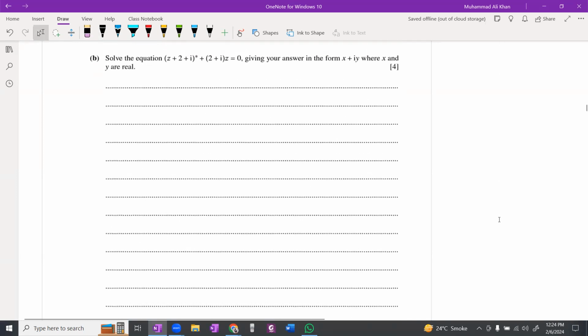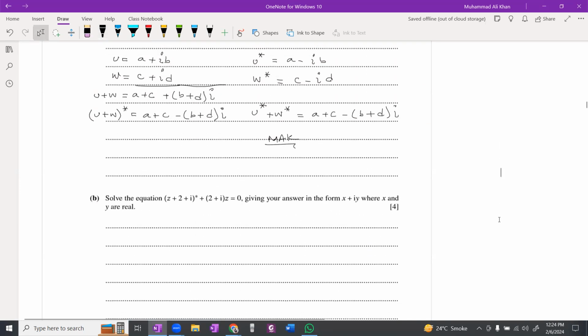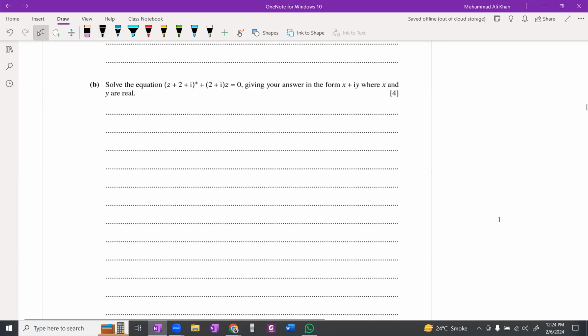Now, in the B part, solve the equation. We have to solve this equation z plus 2 plus iota conjugate plus 2 plus iota z equals to 0. Give your answer in the form of x plus iota y, where x and y are real. So now, let z equal x plus iota y, a general complex number.